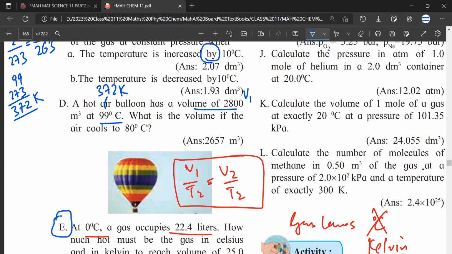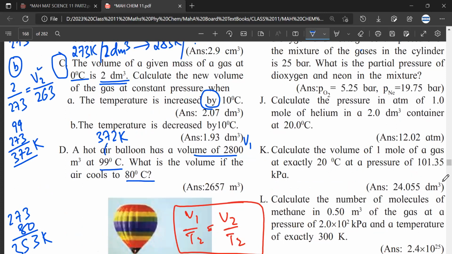What is the volume if the air cools to 80 degrees Celsius? So this would be 273 plus 80, 353 Kelvin. So again, V1 upon T1, T1 is 372, is equal to V2 upon T2.